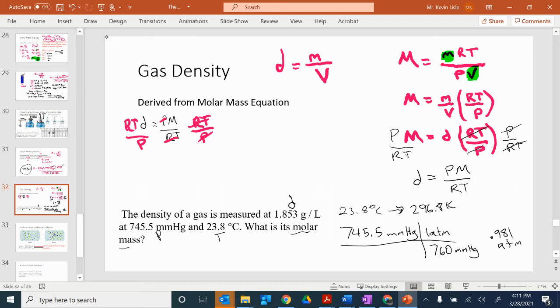So here's the version of the equation I'm going to use here: molar mass equals D times R times T over P.